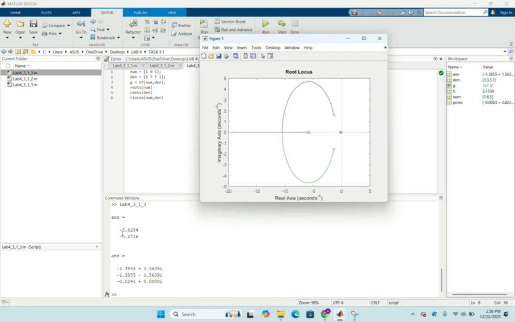For the zeros, the answer is negative 5.8284 and negative 0.1016, and for the poles: negative 1.3855 plus 1.5639i, negative 1.3855 minus 1.5639i, and negative 0.2291 plus 0.0000i.